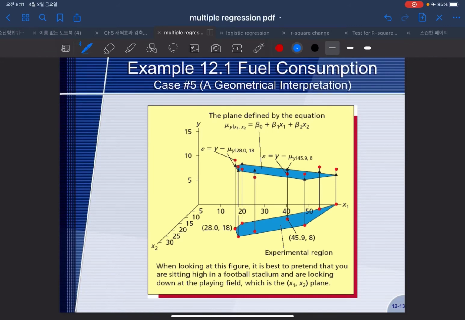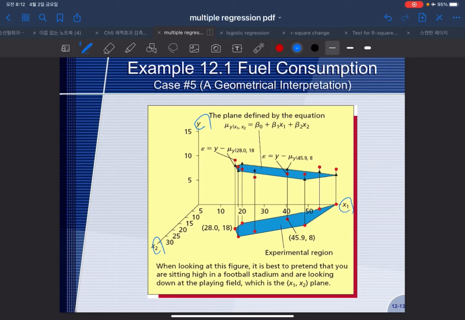So we have x1 here and x2 here and y is here, right? This is three-dimensional, so it's kind of a space. If we have a data on independent variables and the dependent variable, the point exists somewhere in the space, right? So it's very hard to imagine.